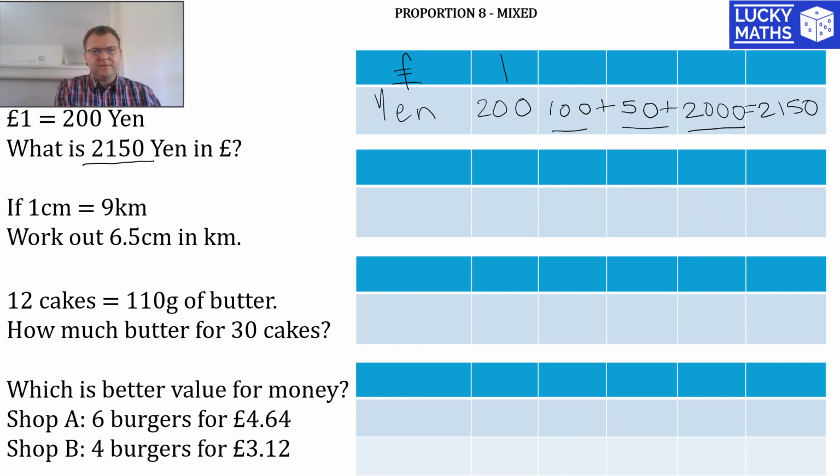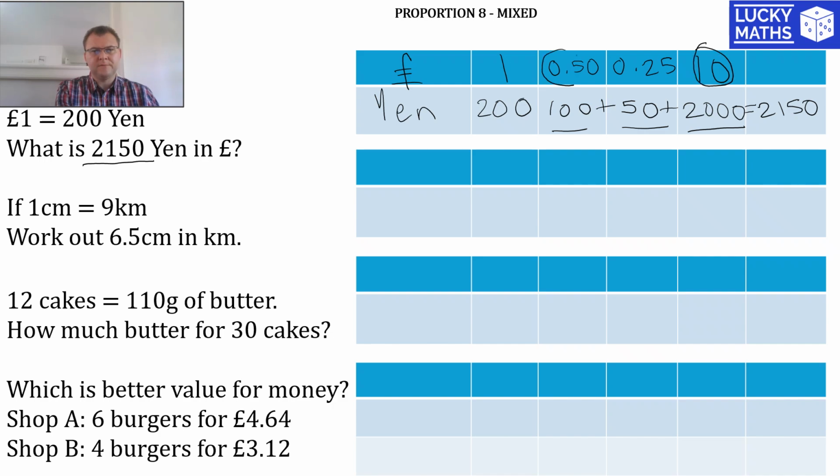So 200 yen is £1, so 100 yen, which has halved, is equivalent to 50p. And that means 50 yen must be half the previous value of 50p, so that's 25p. But 200 yen to 2,000 yen is 10 times more. So £10 is equal to 2,000 yen.